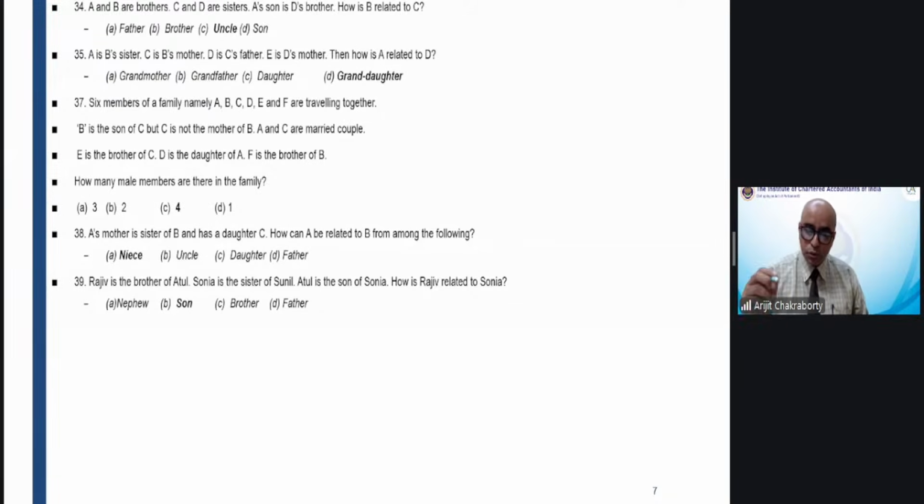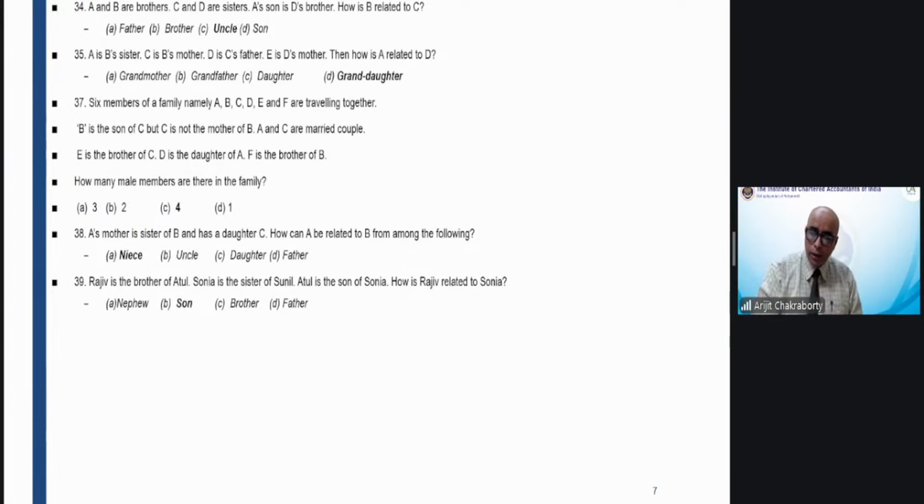Great. So we see a lady, let us call her M, M for mother. So M has a child A, it is given, and M has a daughter C. यानी A और C दोनों सिबलिंग है. A का बहन कौन है? C है.